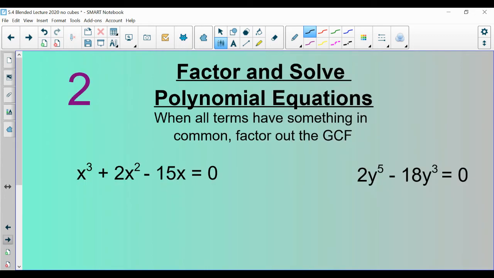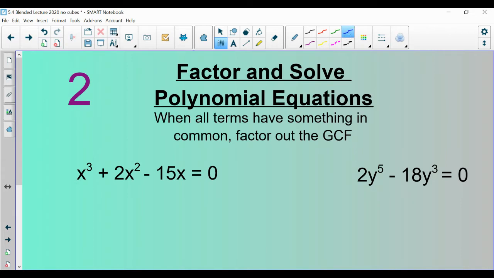Let's look at a second type of trying to factor something completely. This says when all terms have something in common, factor out that common thing, that greatest common factor. So this is going to show up a lot. In this problem here, you can see that all of our terms, x cubed, 2x squared, and negative 15x, do have something in common.